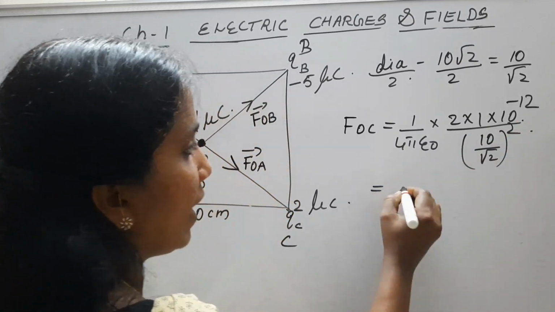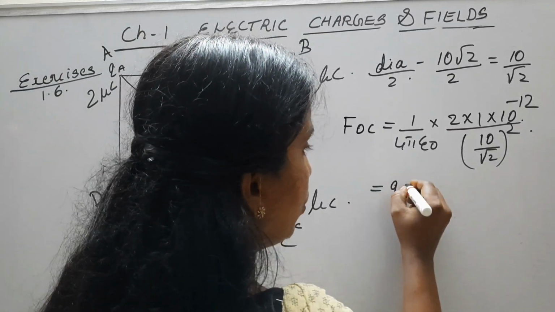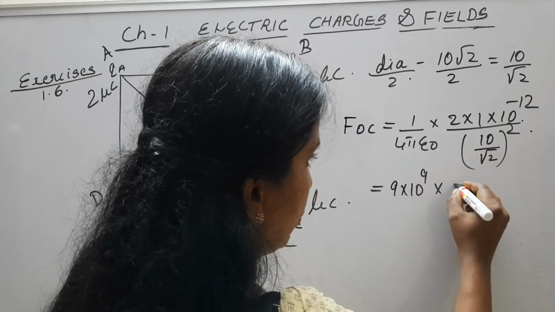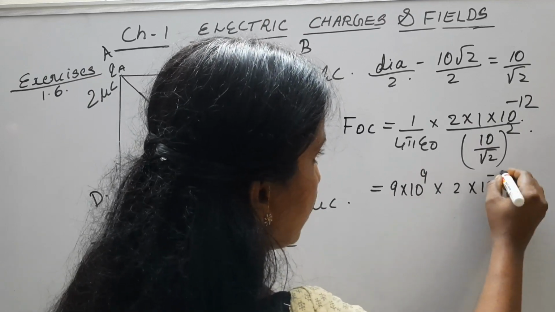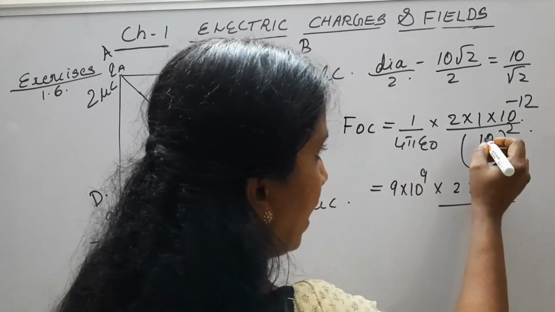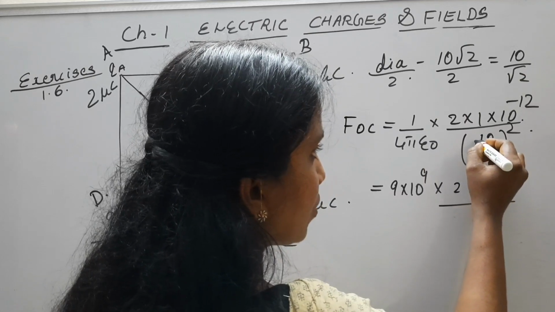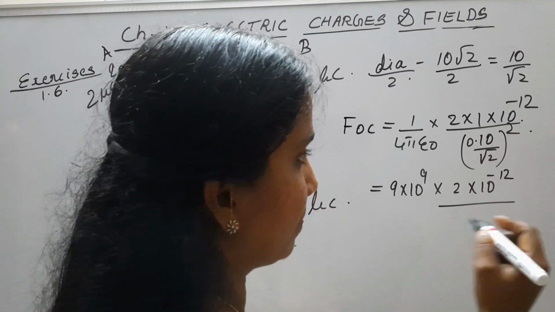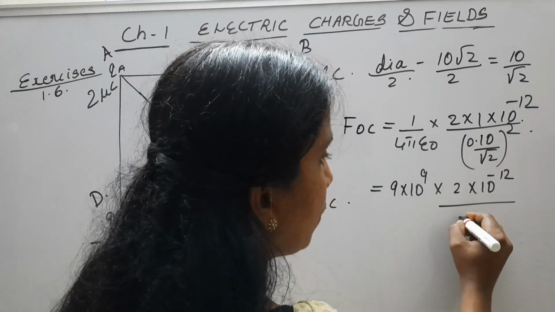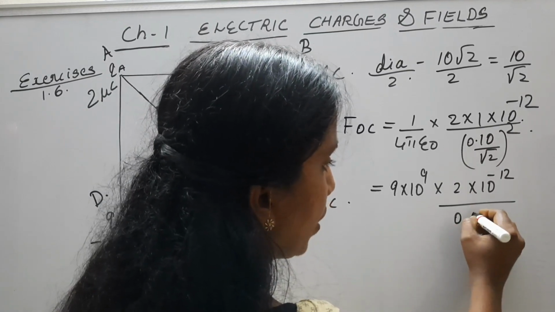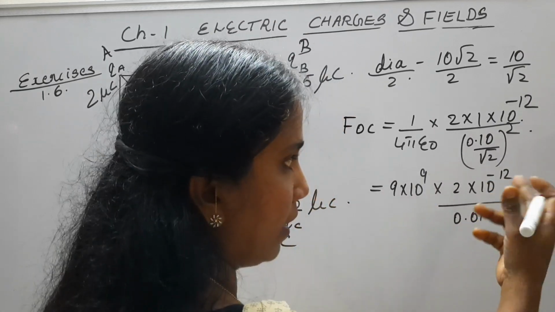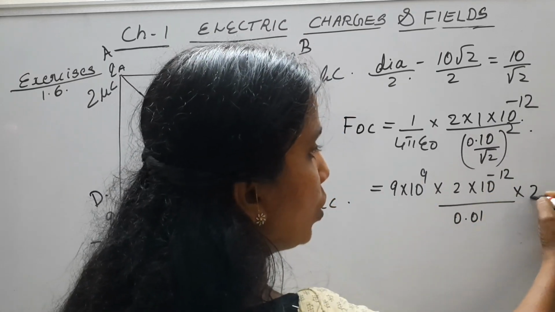On simplifying this, we have 9 into 10 raised to 9 into 2 into 10 raised to minus 12, divided by the distance substituted in meter, so it is 0.1. 0.1 squared is 0.01, and the square of root 2 becomes 2, which goes to the numerator.